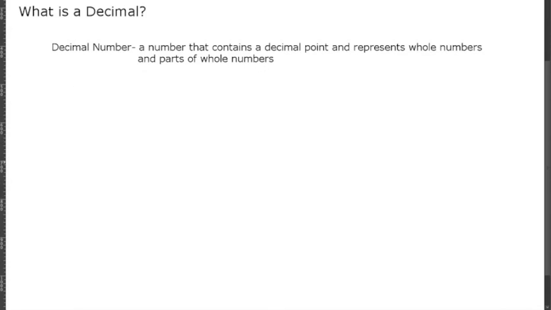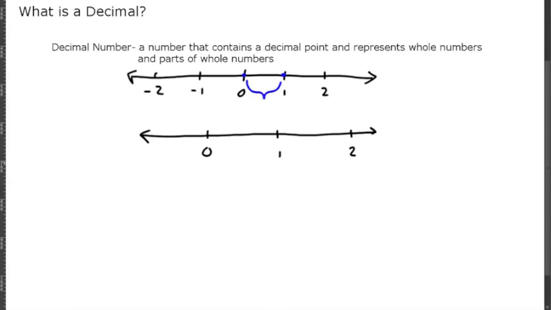But where do those numbers after the point come from? Well, the easiest way to look at this is on the number line. Here we have our basic number line. Not only are there whole numbers, like 0 and 1, but there are numbers in between this 0 and 1. So let's zoom in on that.